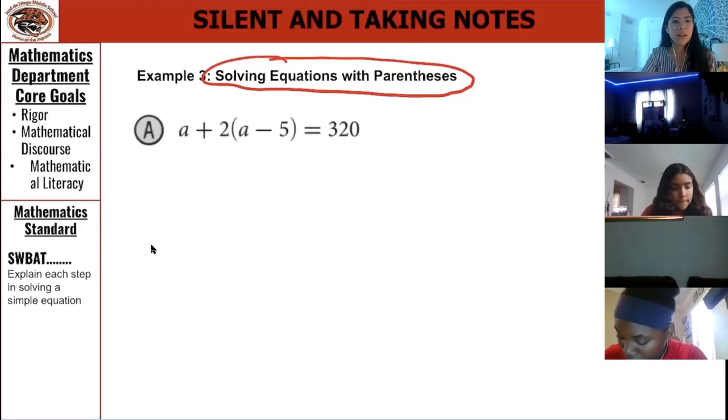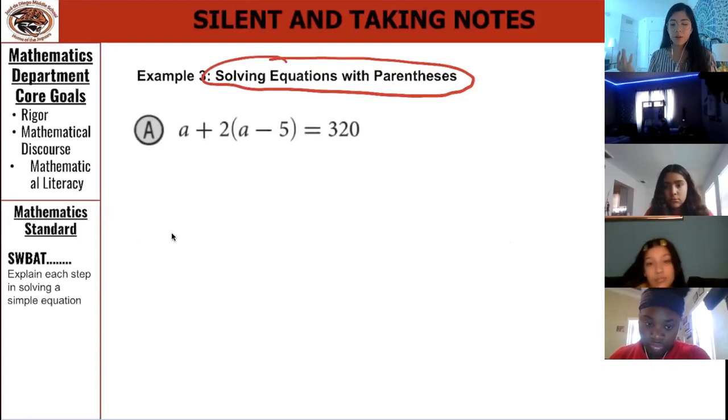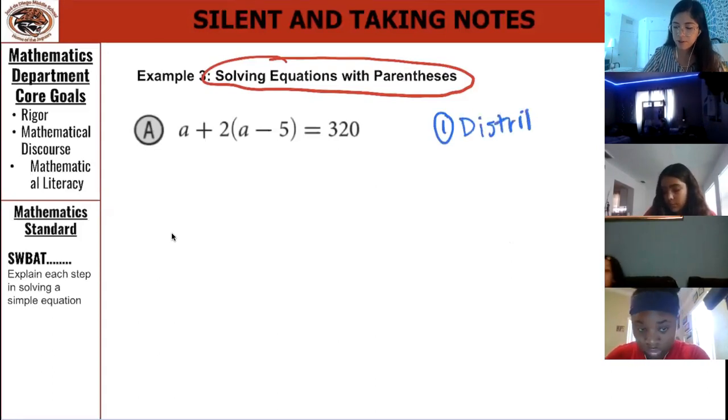All righty. So in this example now, I have parentheses. And with parentheses, the first thing you always want to do, kind of like with fractions, is get rid of them first. The way to get rid of parentheses is using what is called, and you've definitely heard of this before, the distributive property.